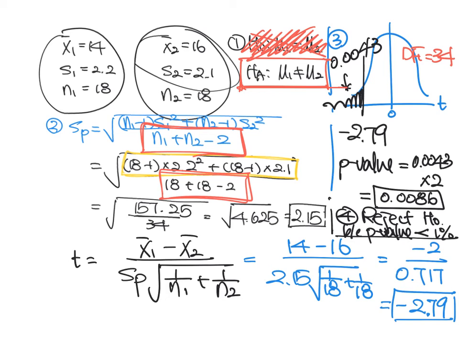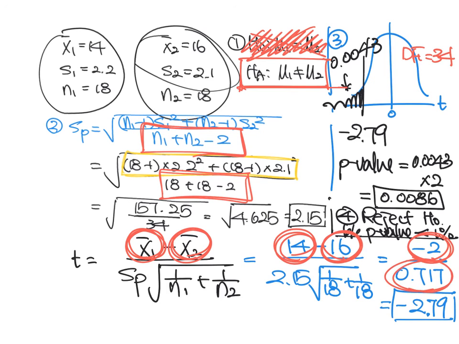I don't know exactly what the problem is, but when we compare the two population means, 14 and 16, there is only a difference of 2, but it is big enough because the denominator, the standard error, is very small. It's smaller than 1.